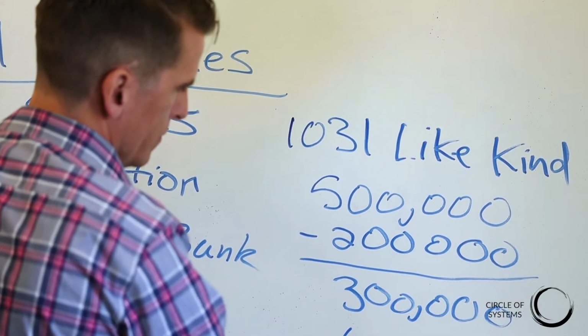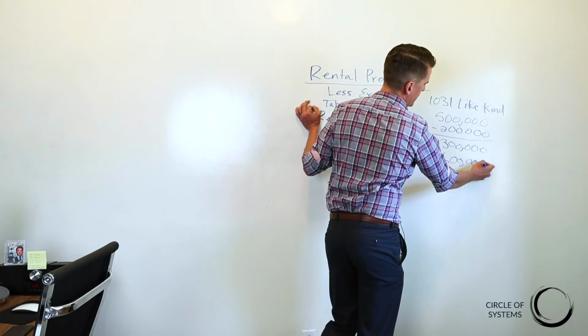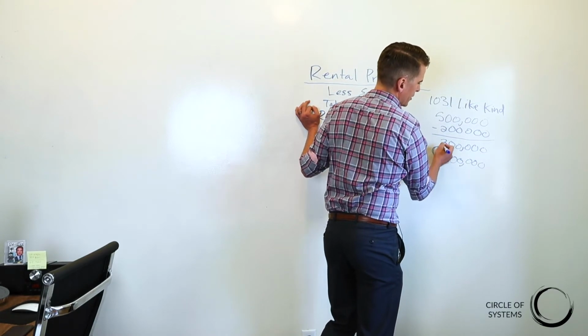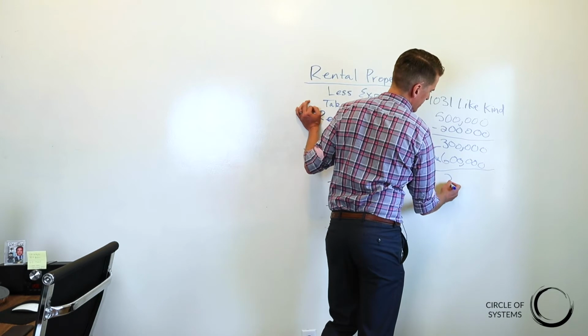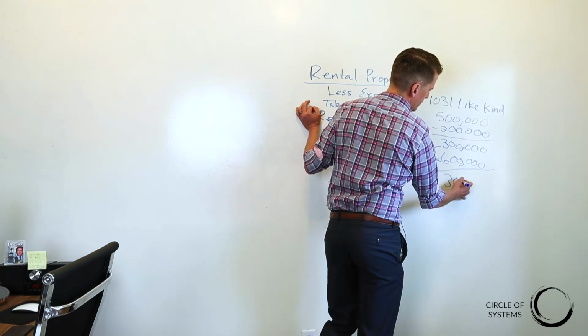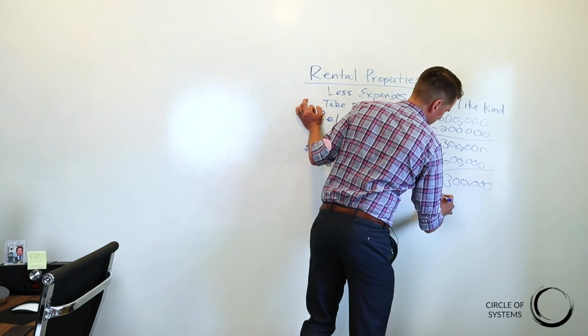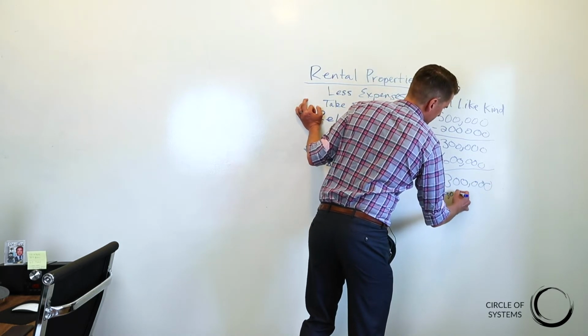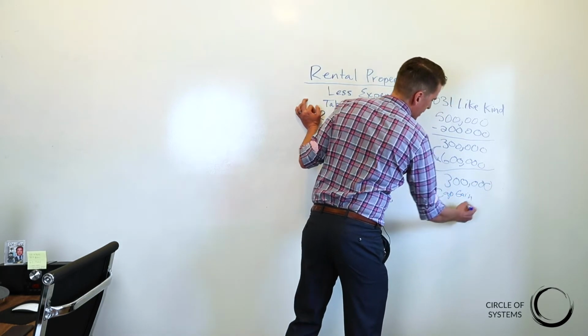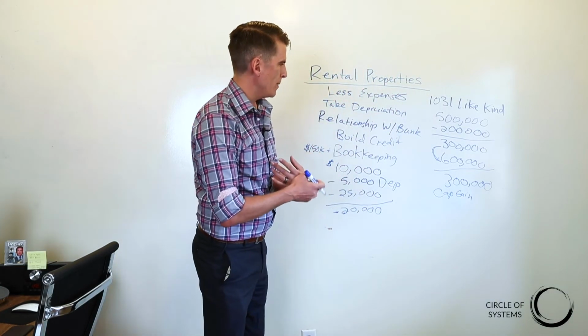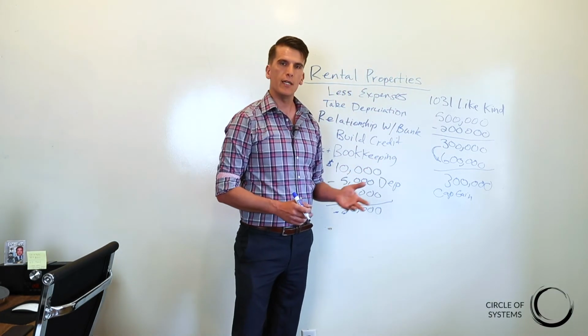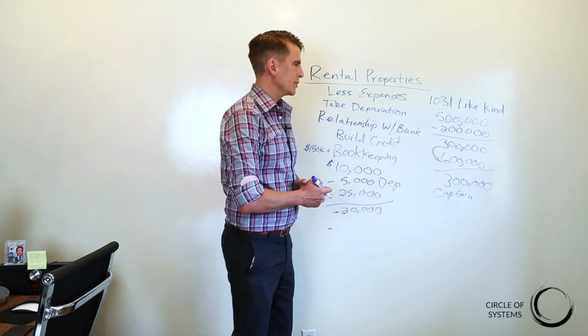So you've got $300,000 that you're going to have a capital gains tax on. So $300,000 cap gains. Now that's a big amount of money to have to pay capital gains on. You might be paying 20% on that, or $60,000. Big chunk of money.